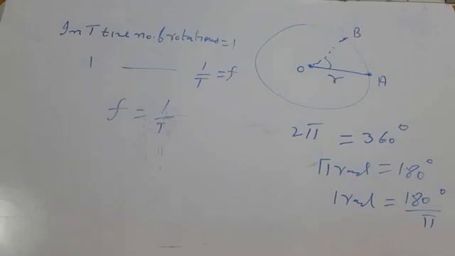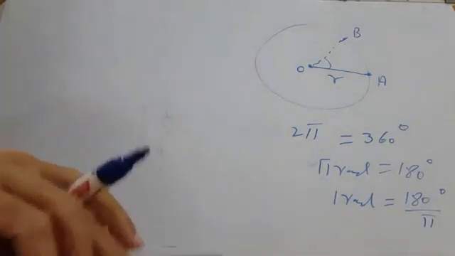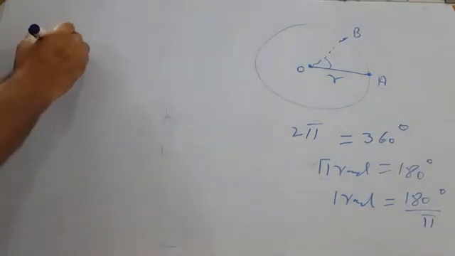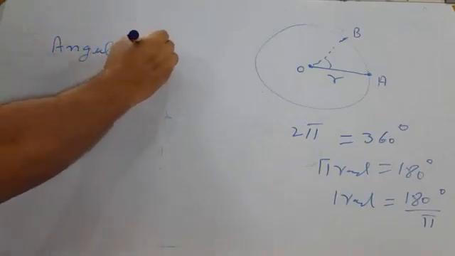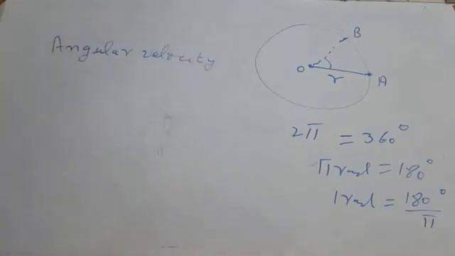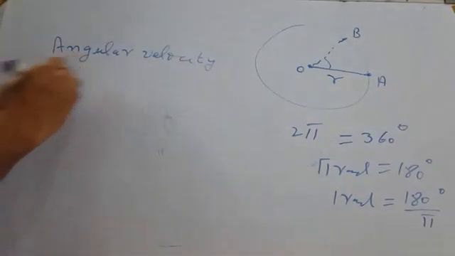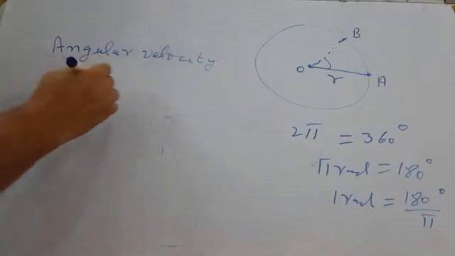Till now we have studied linear velocity, displacement per unit time. Now we will discuss angular velocity. Angular velocity is the angle traveled in radians per unit time.